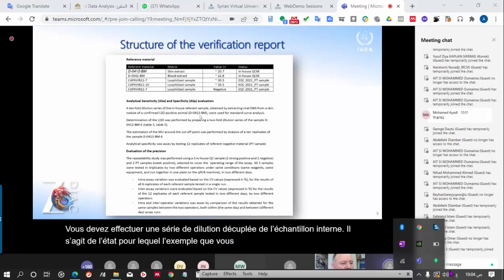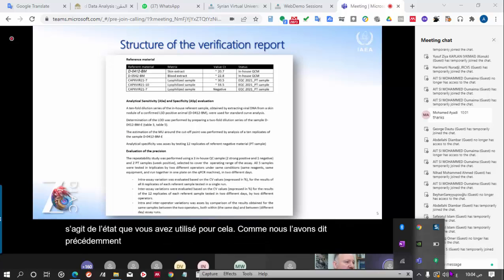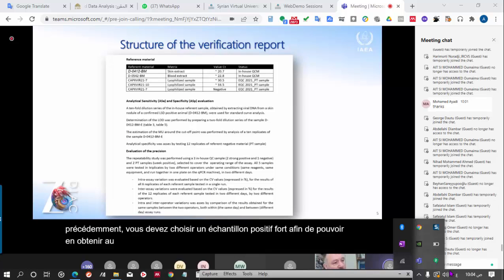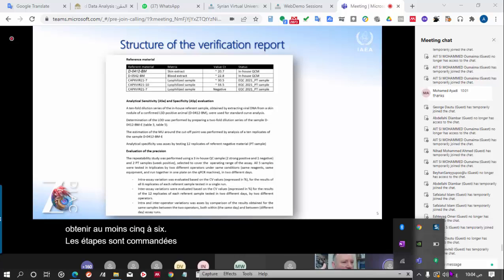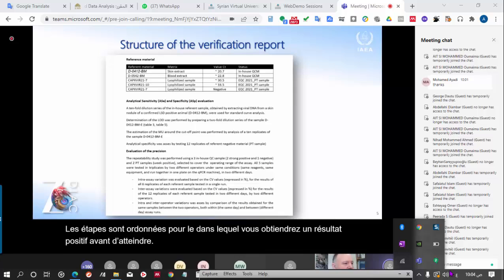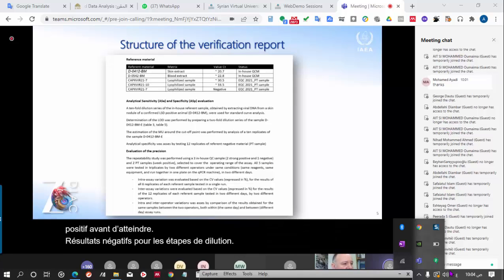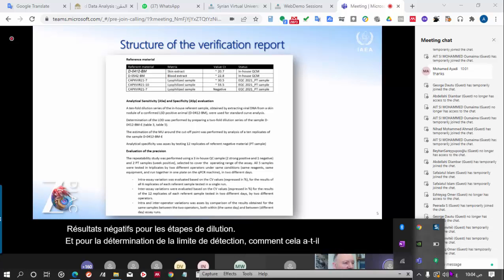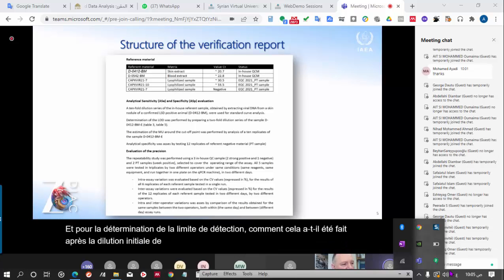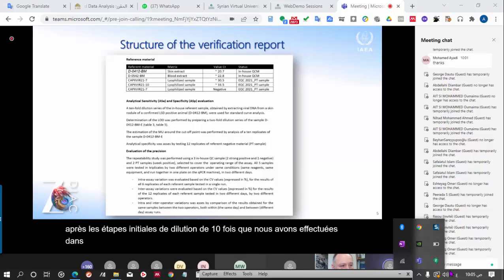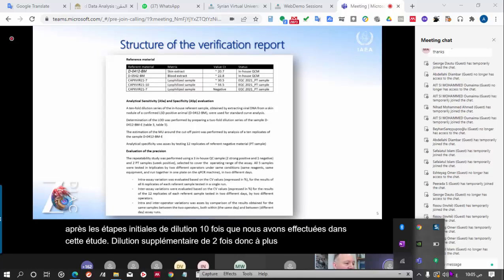As we said previously, you should choose a strong positive sample so you can obtain at least 5 to 6 dilution steps, orders of magnitude, in which you will obtain a positive result before you reach a negative result. And for the determination of the limit of detection, how was it done? After the initial 10-fold dilution steps, we performed in this study additional 2-fold dilutions, to more precisely define the limit of detection.